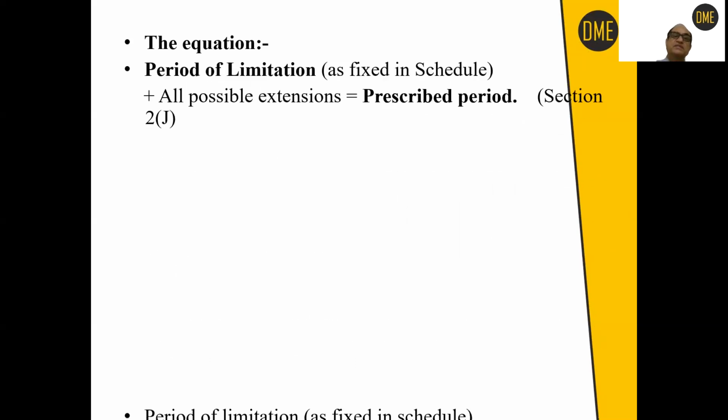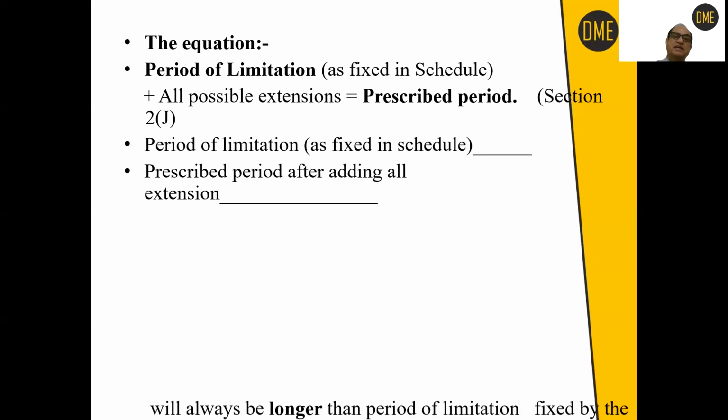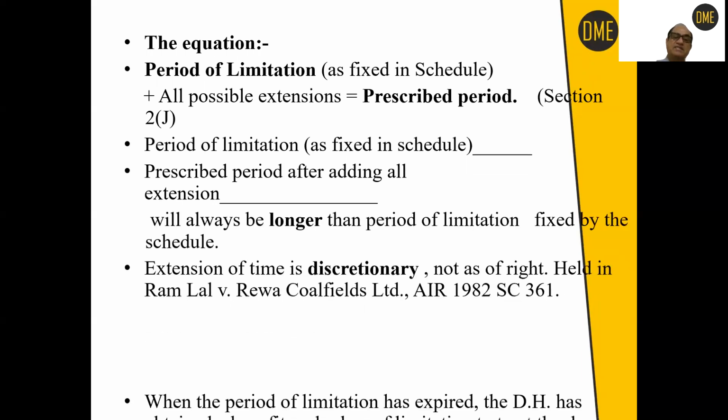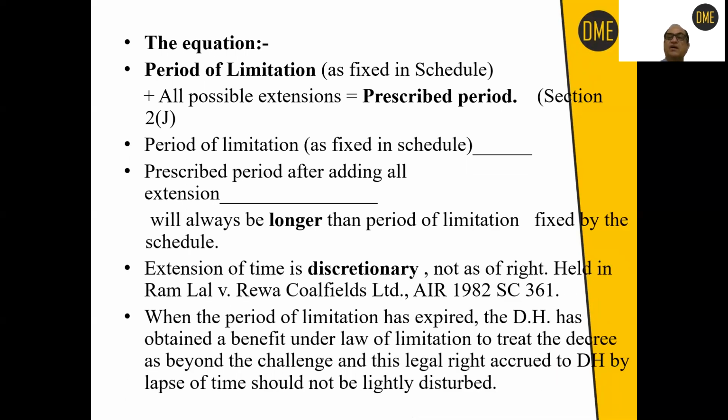So dear students, the Limitation Act has a schedule at the end of the act and it gives you the period of limitation. There is a long table given at the end of the act which prescribes the period of limitation.